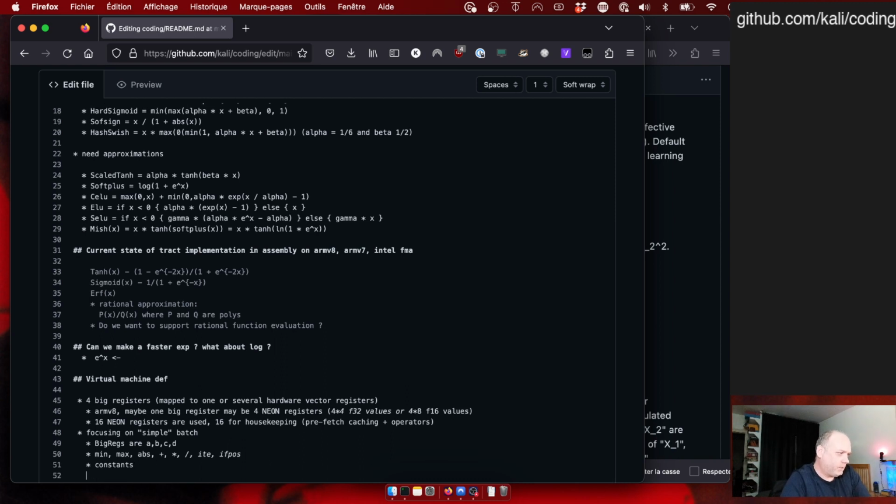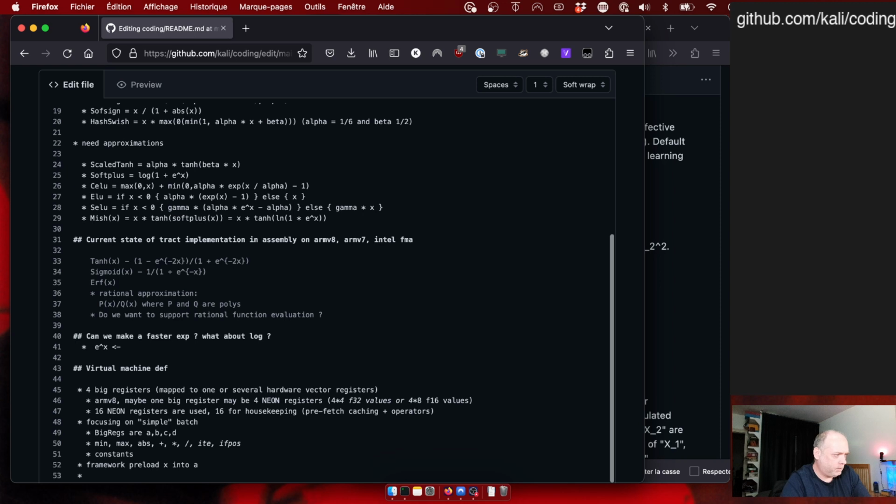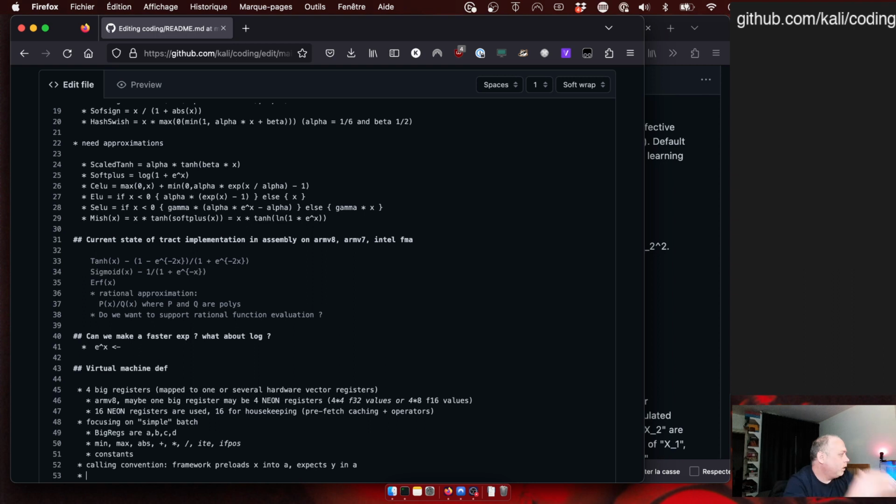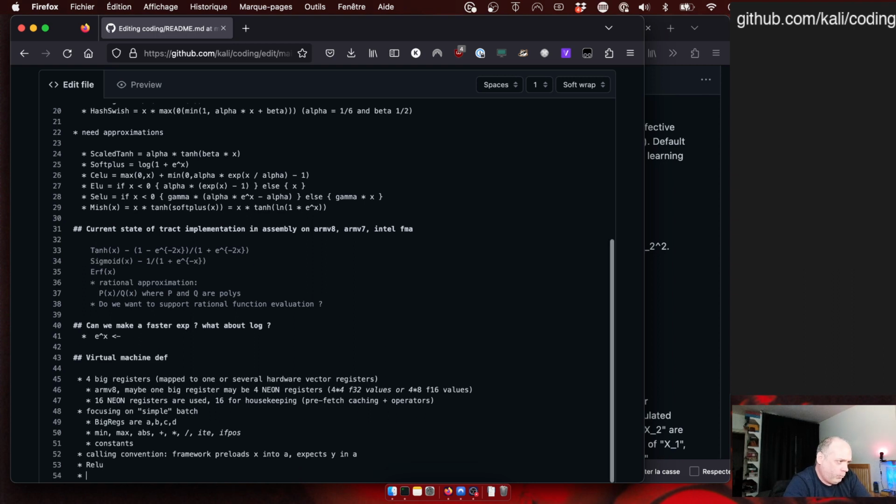With these things, we could assume that the framework loads x into A, let's say, and expects results in A. So that's a calling convention. Okay, and so, well, ReLU will be something like that.